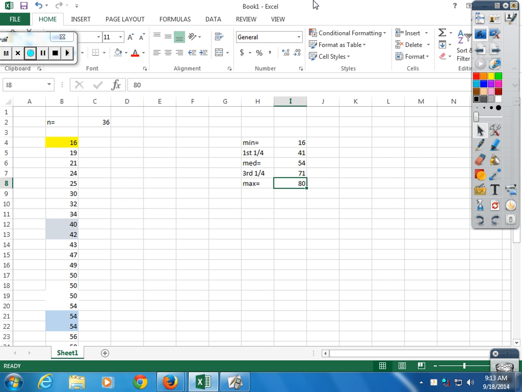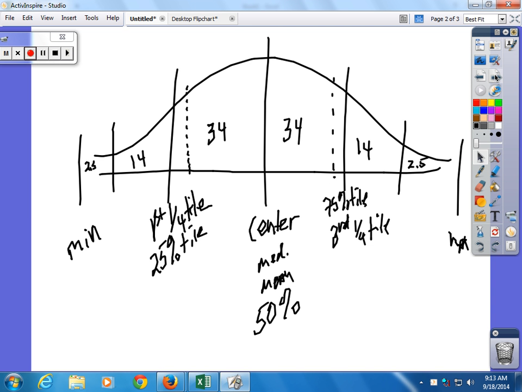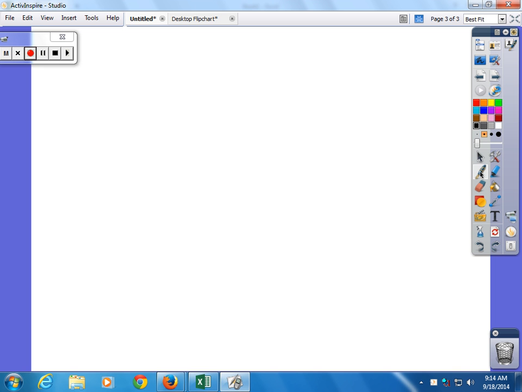Now, what if you want to find it the other way? Well, there's a formula called L is equal to Kn over 100. And that's how you find it another way.